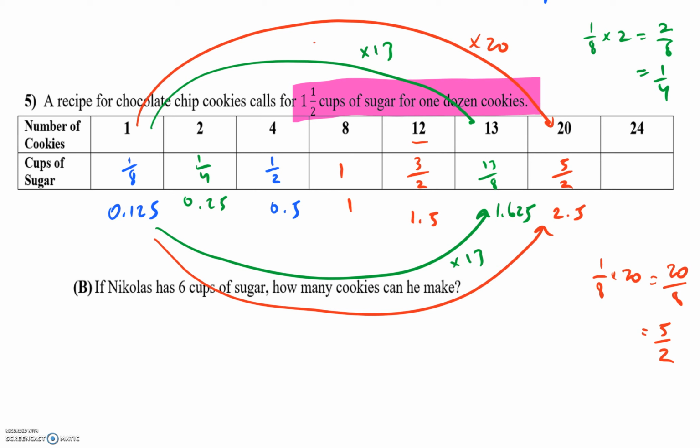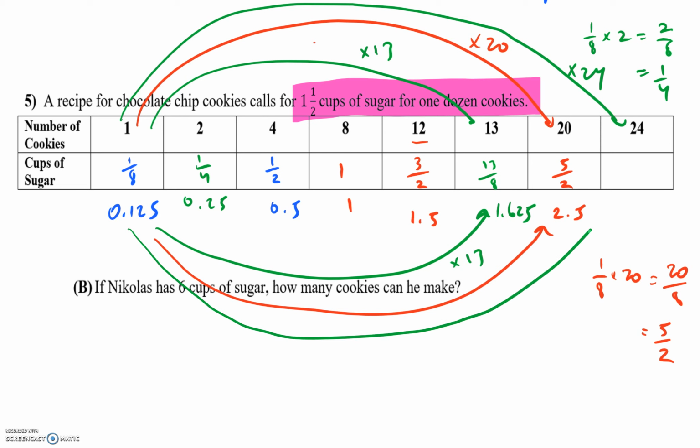To go from 1 to 24, times 24, 1/8 times 24, that gives me 24 over 8, and that's 3. And 0.125 times 24, that also gives me 3.